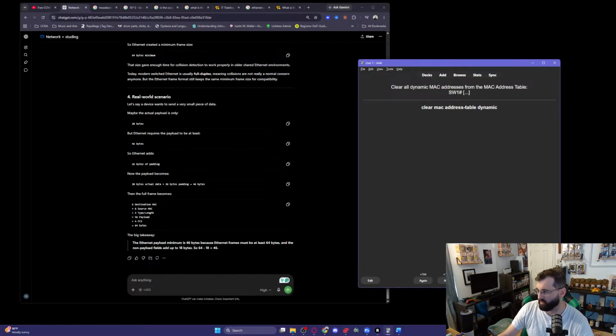Clear MAC address table dynamic. What is the size of the Ethernet trailer? Isn't it 18? Yes. What is the Ethernet type code for ARP packets? Isn't it 0x0806? Yeah. Two left. View the MAC address table.